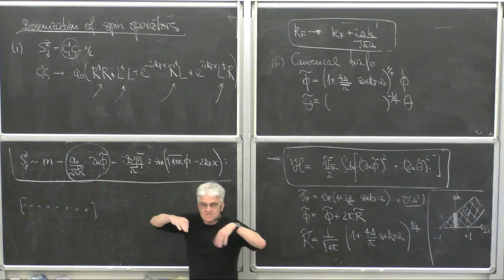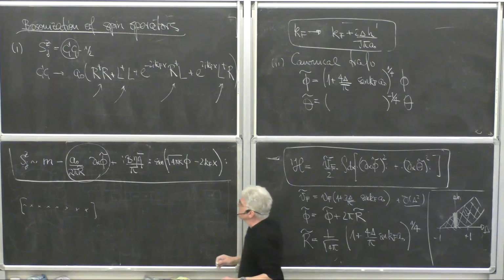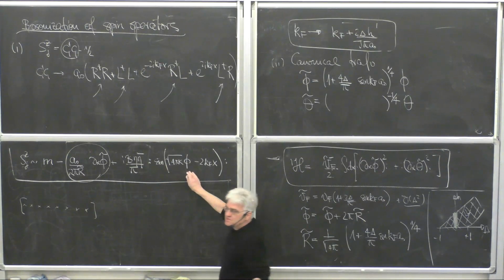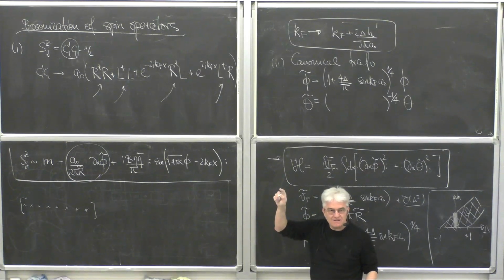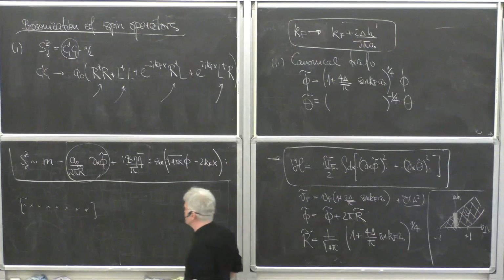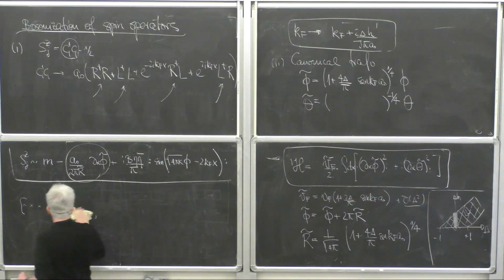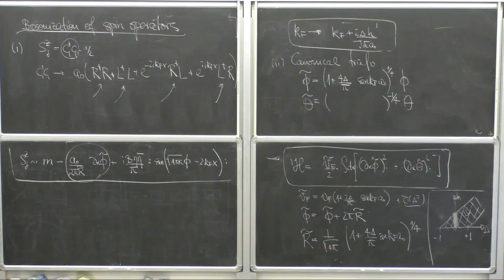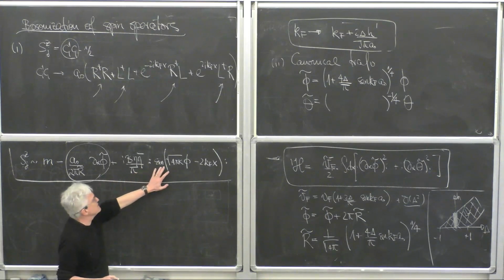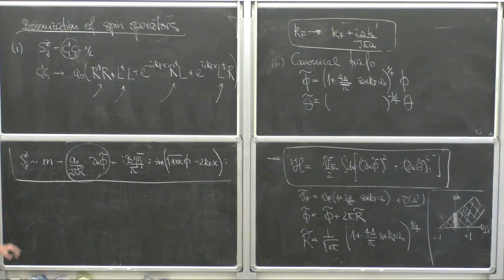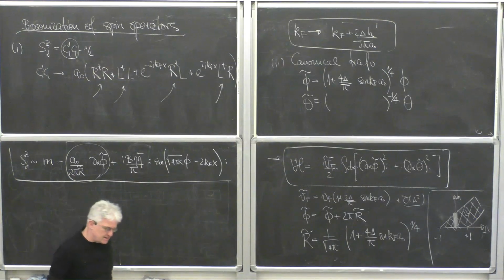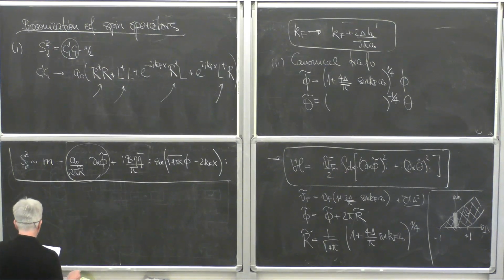Whereas here I have two contributions that oscillate with e^{2ik_F x} and e^{-2ik_F x}, and these are related to R^\dagger L and L^\dagger R. In zero magnetic field, k_F would be pi over 2a_0, and this would turn into a factor (-1)^j, and this would therefore be the staggered component of the magnetization.